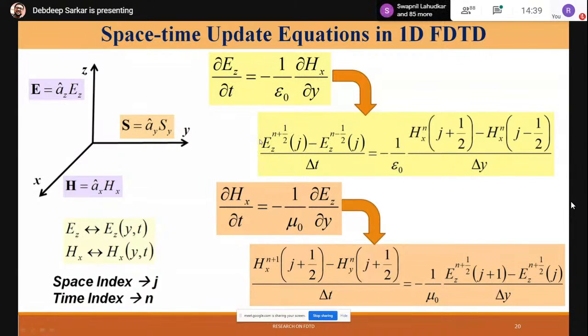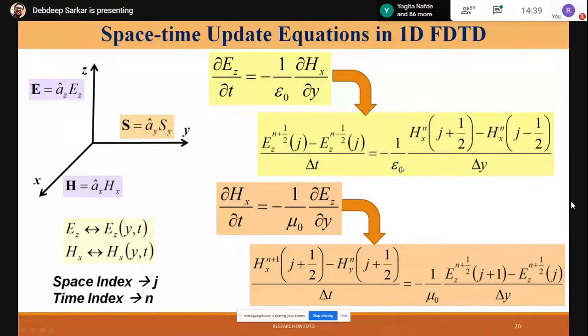You can see how I have written it: it is Ez at the same location, but the difference is with respect to time. So this is one step offset, n plus half and n minus half, and we divide it by delta t.